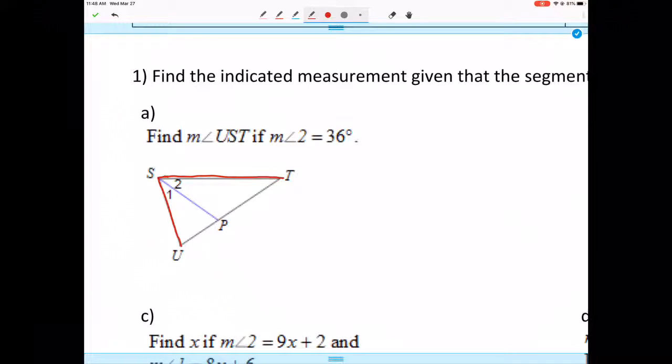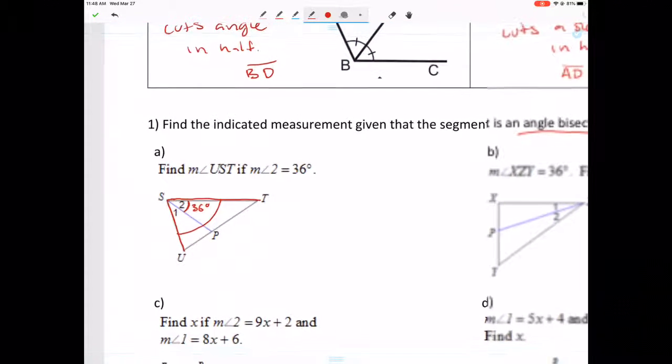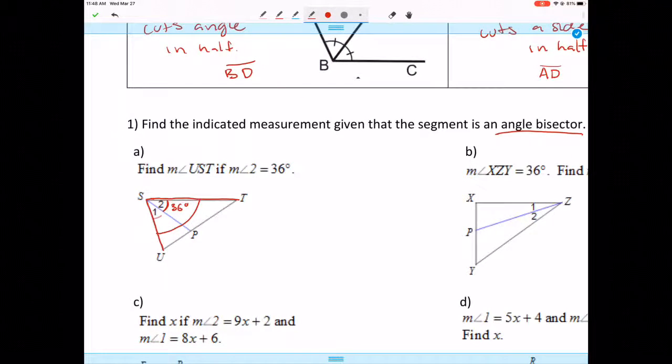We want to find this big angle, all right? And they say that angle M, this angle, is 36 degrees. So what would be this whole angle? Well, since this is an angle bisector, we would know that angle 1 is also 36, or the whole thing is 36 plus 36, which is 72 degrees.